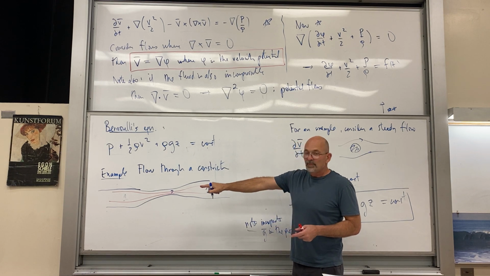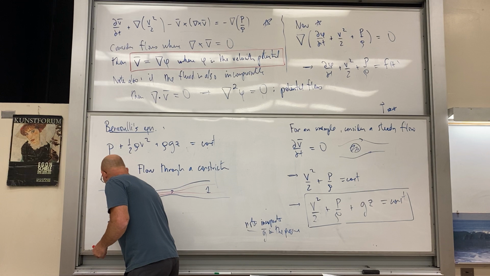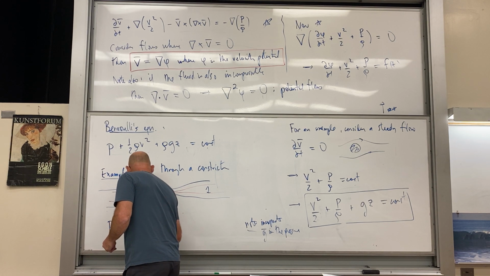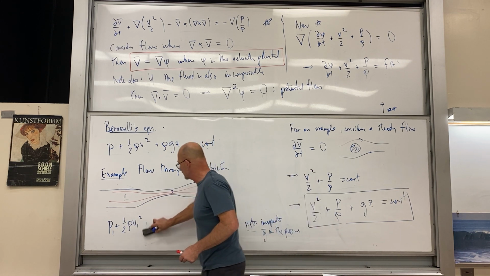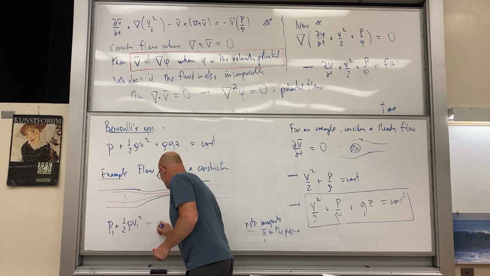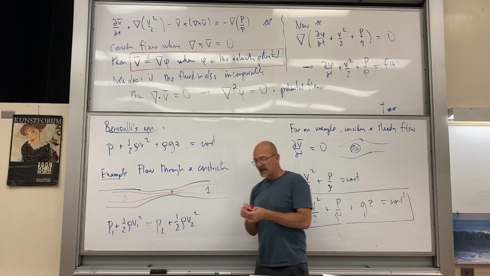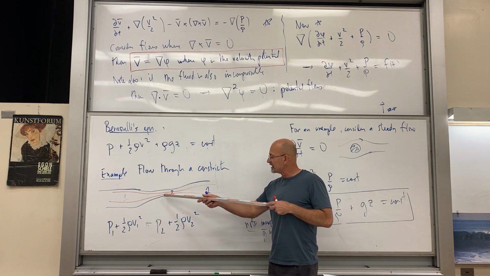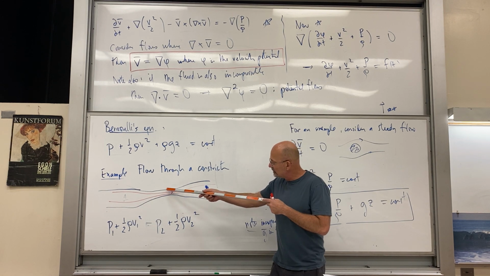So I can label 1 and 2, and then I can say P1 plus 1/2 rho v1 squared equals P2 plus 1/2 rho v2 squared. Well, the continuity equation guarantees us that the speed is higher, it's faster here at 2 than it is at 1.